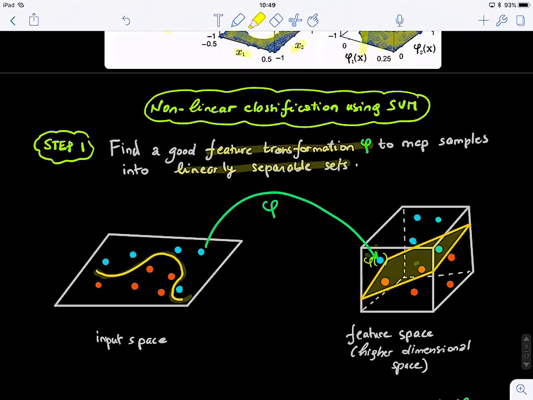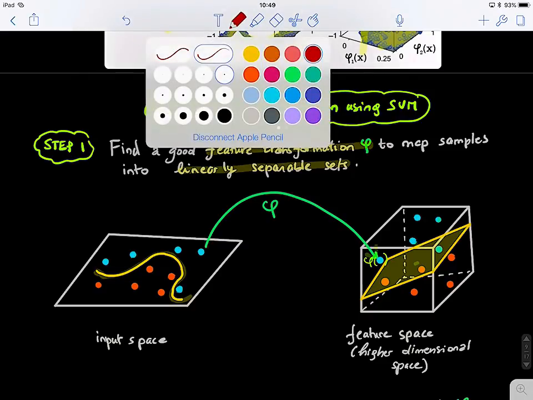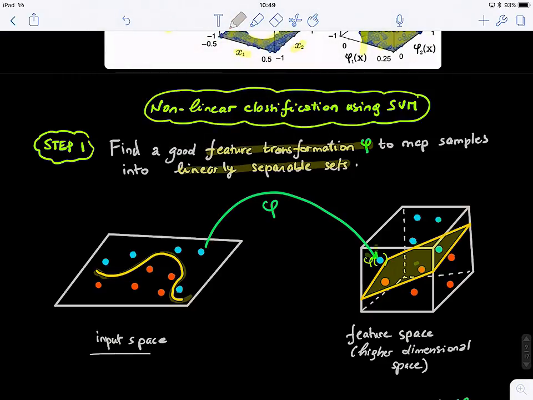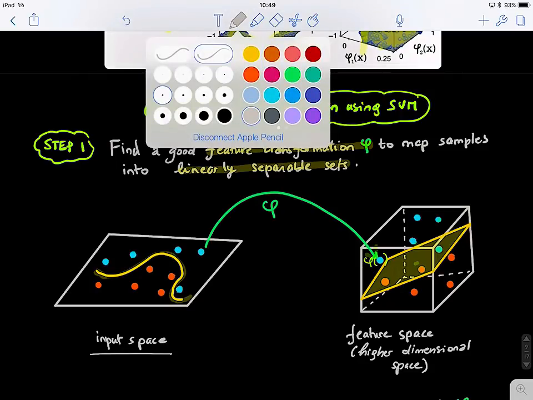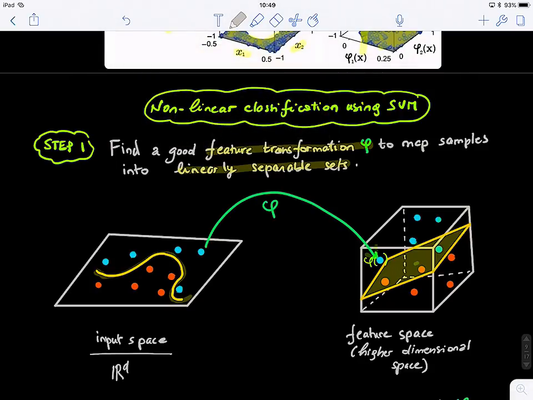I'm going to give you just an intuition. What do you notice here? When we look at the input space, the original space, you can see that all points lie in R^D, with D equals 2 in this case. So it's a two-dimensional space, a plane, and our points are non-linearly separable.